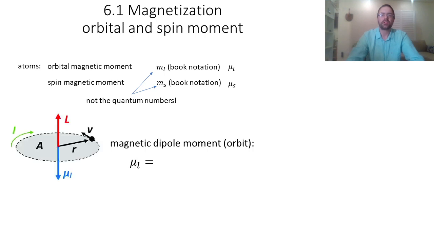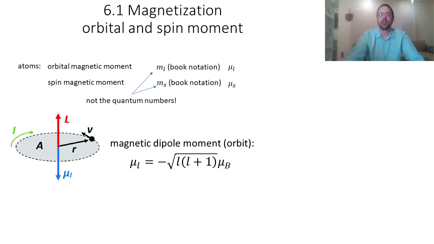The classical picture you can have in your head for the orbital magnetic moment is that one. You have an electron orbiting around the nucleus. This moving mass has an orbital momentum L, and this moving charge can be viewed as an electrical current I, which creates a magnetic moment m sub L or mu sub L. In quantum mechanics, the orbital moment L is quantized, and so is the orbital magnetic dipole moment.